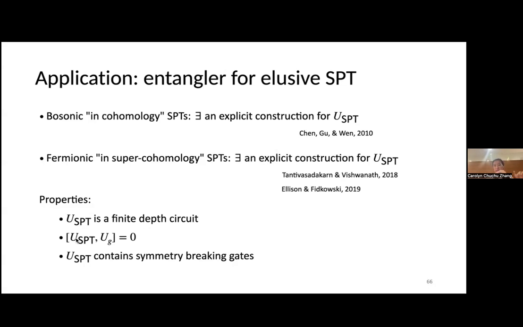So it not only takes a symmetric product state to a symmetric SPT state, but the operator itself is symmetric as a whole. It just contains symmetry breaking gates. So there's a systematic construction for broad classes of SPTs: how do we entangle them, say, from a product state?